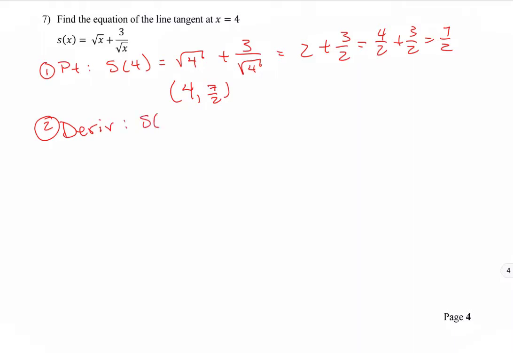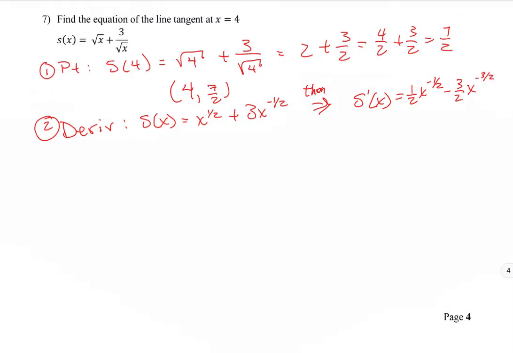So s of x equals x to the 1/2 plus 3x to the negative 1/2. So then, and that symbol means then, s prime of x equals 1/2 x to the negative 1/2 minus 3/2 x to the negative 3/2.